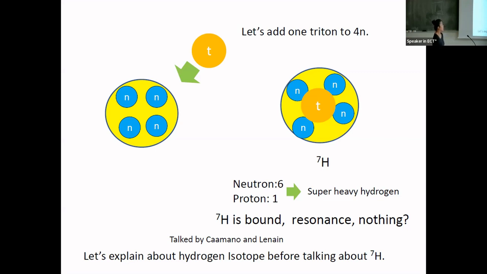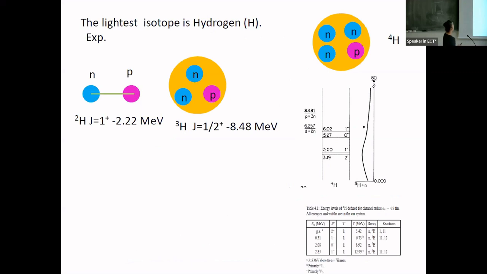Before talking about hydrogen 7, let's explain hydrogen and the hydrogen isotopes. Maybe everyone knows that the lightest isotope is the hydrogen atomic state, and deuterium is the next lightest hydrogen, and we have experimental data like this. We can also add 1 neutron to deuterium, and this is a triton.